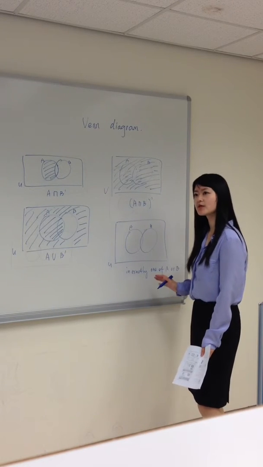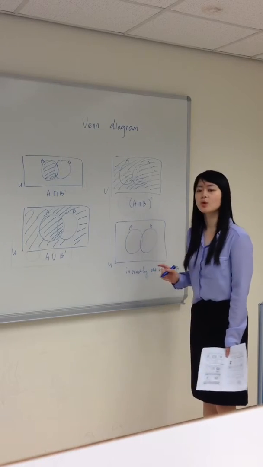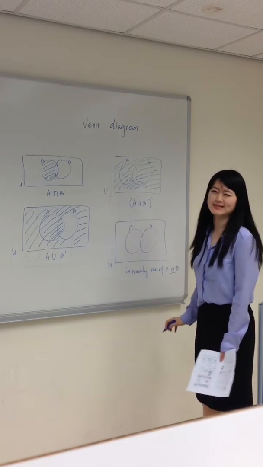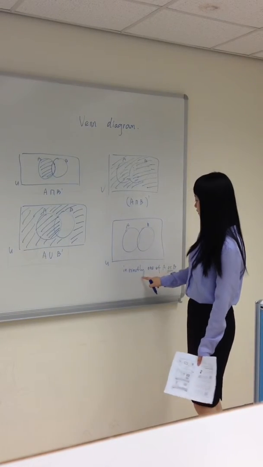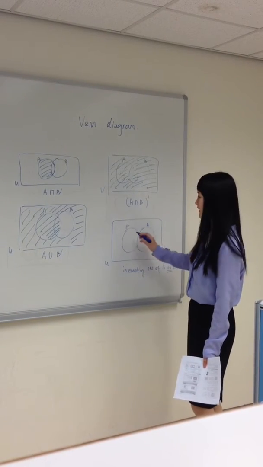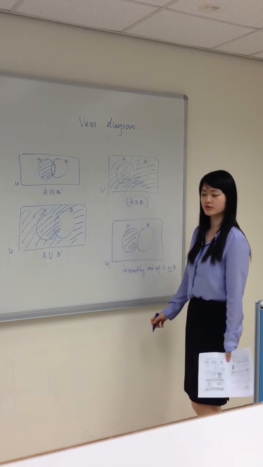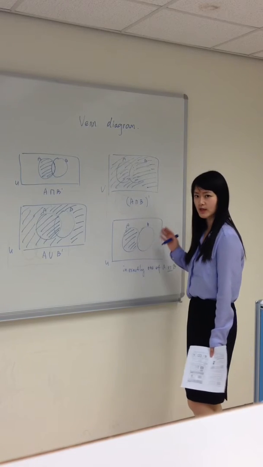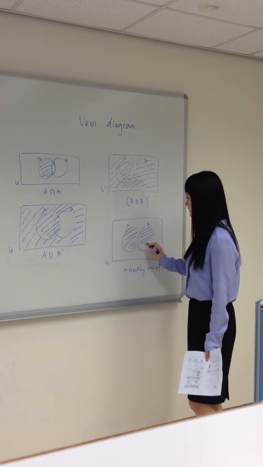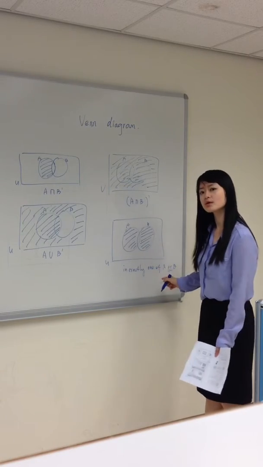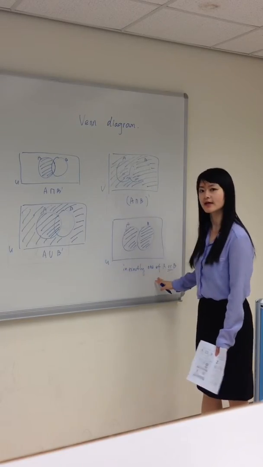So we are looking for only in A or only in B, because it's or. So it is not the intersection set, it should be the union set. We look for exactly in A first, that would be this area, and we look for the area that represents only in B, that should be this part. This is or, so we just put them together, and that would be the answer for in exactly one of A or B.